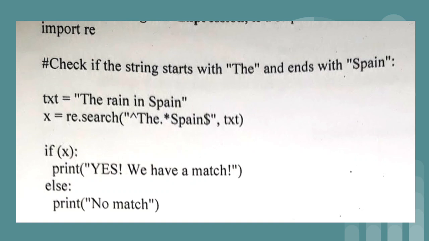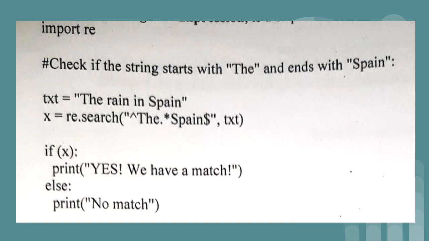And one more important thing: the first line of our program is import re, because as I said, all the methods which are related to regular expressions come under the re module. So the search method is a part of the re module. Whenever we want to use the search method, we have to import the re module.